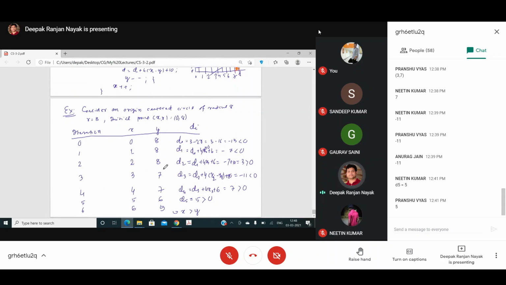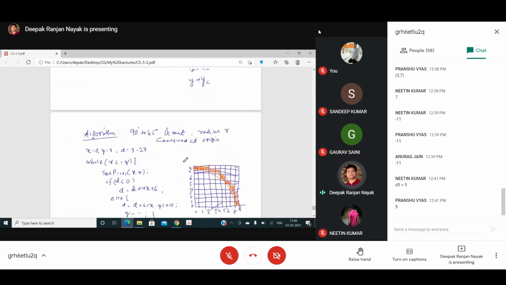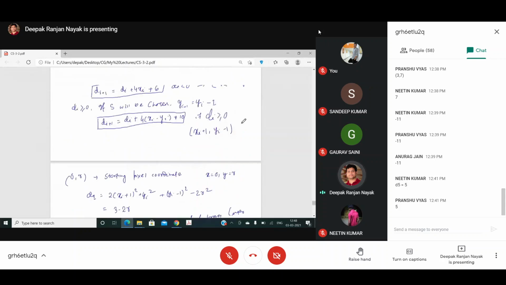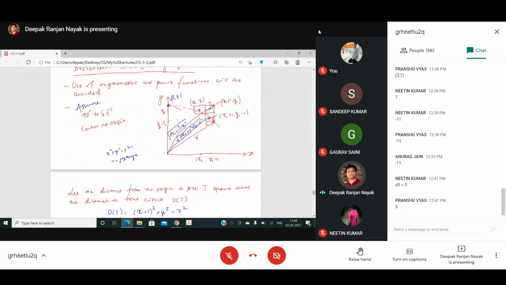We have seen the effect of this algorithm, and in the next class we'll be discussing the midpoint circle algorithm. So instead of considering these two pixels directly, or calculating the distance from this pixel to the origin and that pixel to the origin, and then comparing with the true circle, can we use some concept called the midpoint? Ultimately you have to decide either this pixel or this pixel all the time, right?